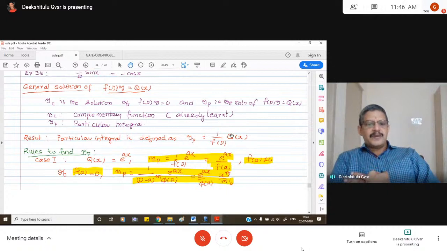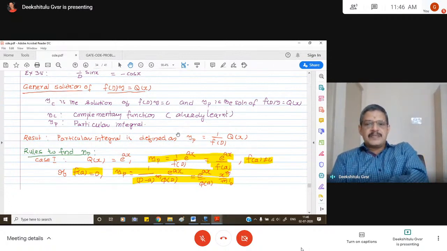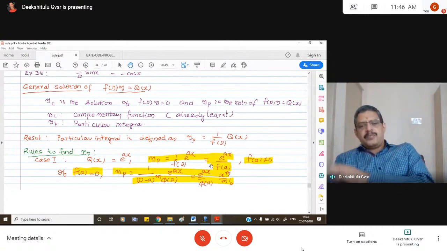If we start with Q of x equal to e power ax, then what happens? yp is 1 by f of D e power ax. By the standard result above, yp is 1 by f of D operated on e power ax. We are not going into the proof, but giving the formula straight away so that you can directly do the problems.